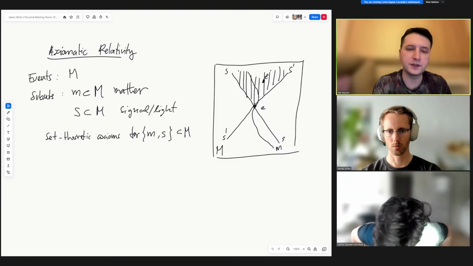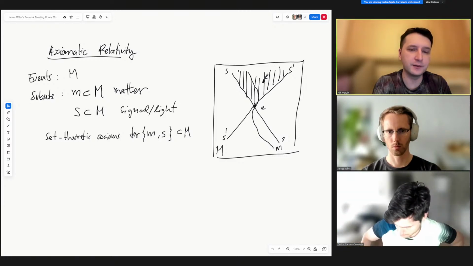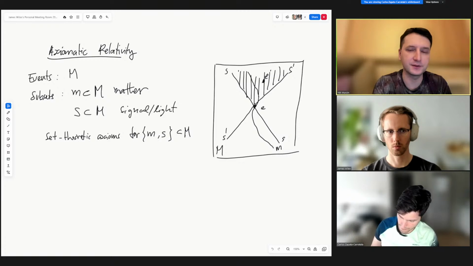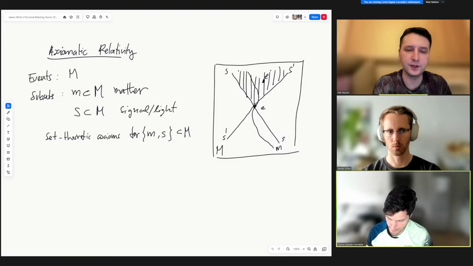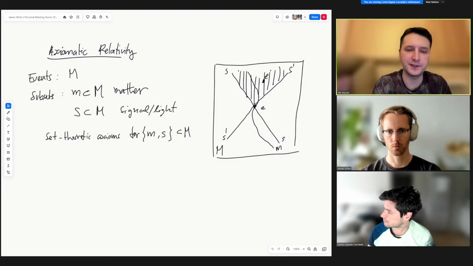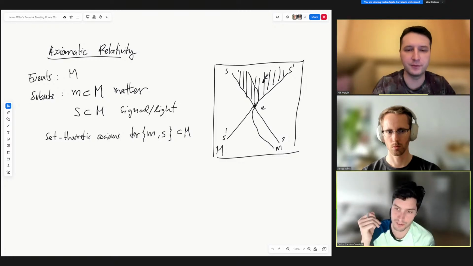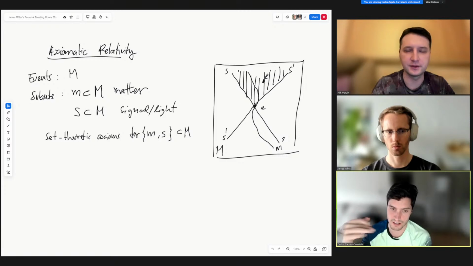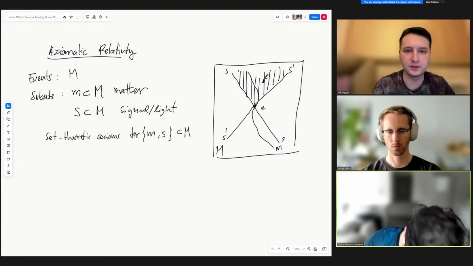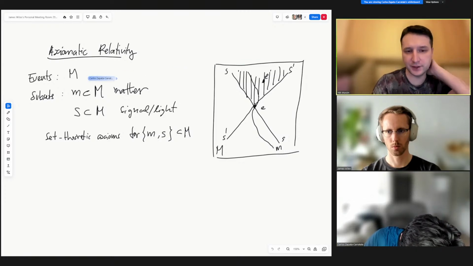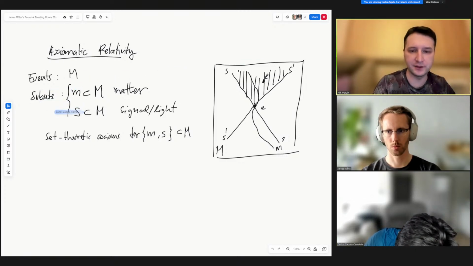So is it like you have different subsets? It's impossible to have a single one. You have families. Yeah, these are families of subsets. Well, you basically axiomatically already differentiate between matter and light, right?